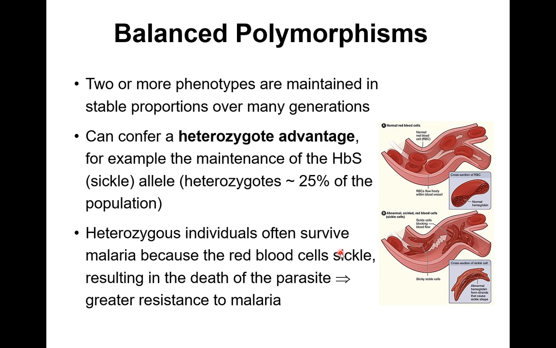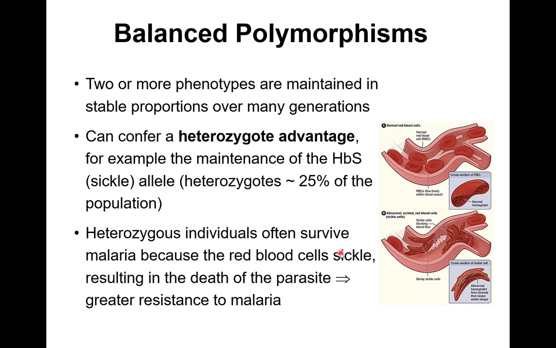Another example is balanced polymorphism. We talk about balanced polymorphism when not only one phenotype is selected by natural selection, but two or more phenotypes are maintained by natural selection in the population. One example is what happens with sickle cell anemia.